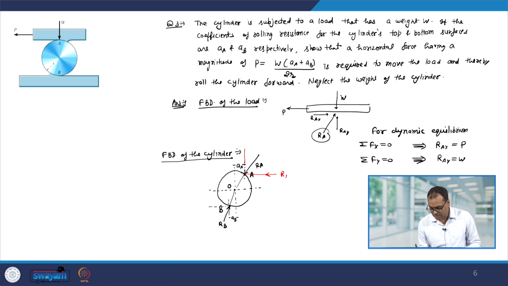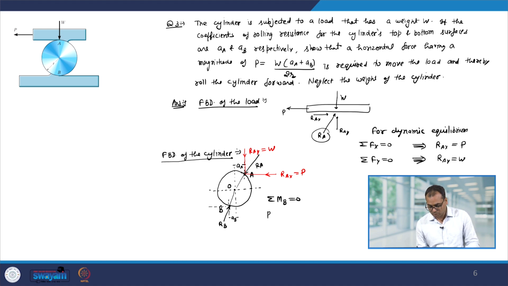Okay. So, this is R A x, and just now we have found that R A x is equal to P and R A y is equal to W. So, for dynamic equilibrium, summation M B should be equal to 0.